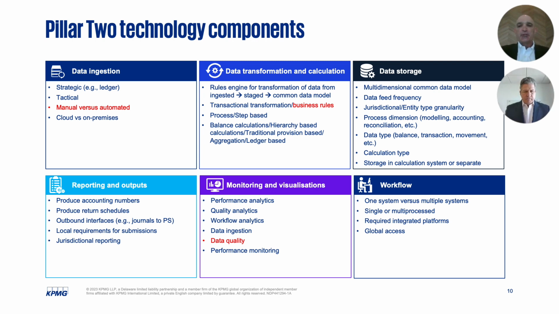If you're an organization that doesn't have significant international operations, you might benefit from a really good connected desktop model or the tax package approach. But we've seen lots of other approaches be very successful, like you mentioned earlier, ERP integration or standalone tax data platforms.